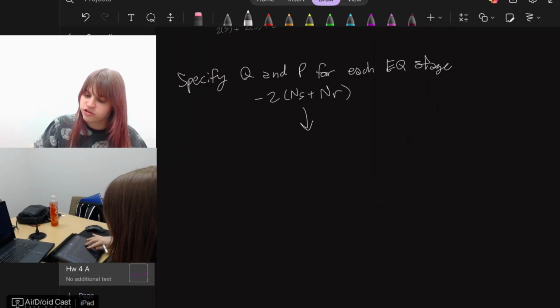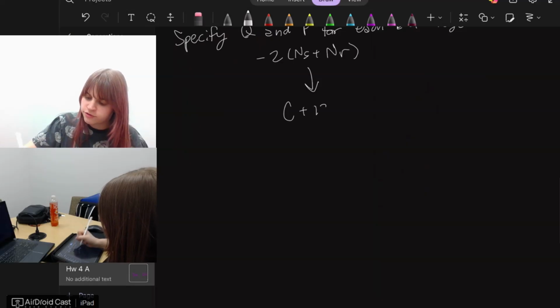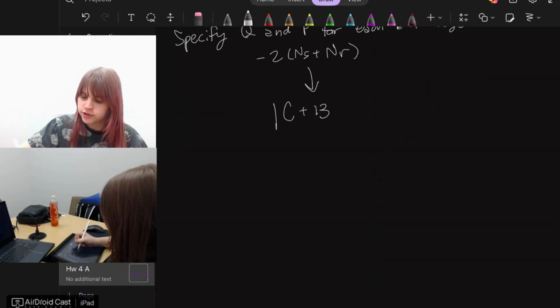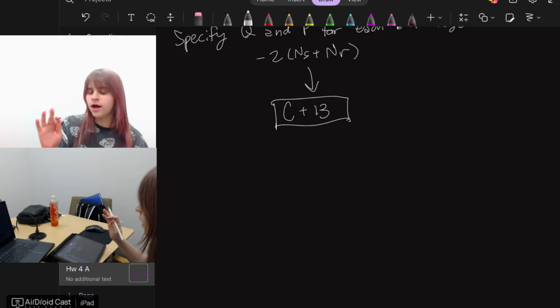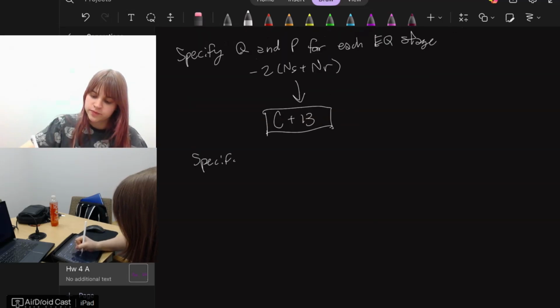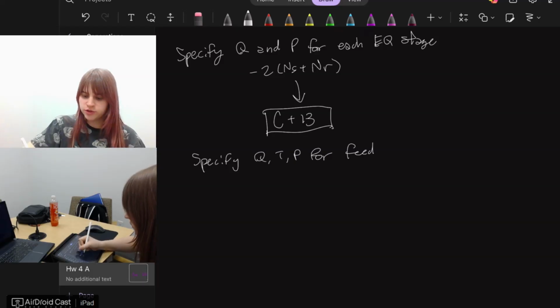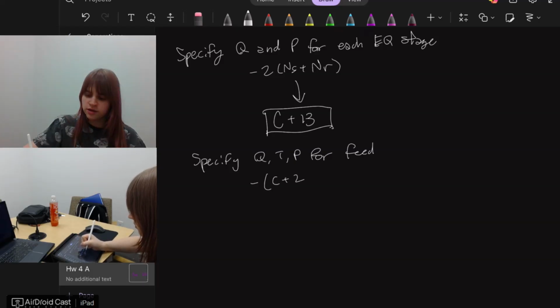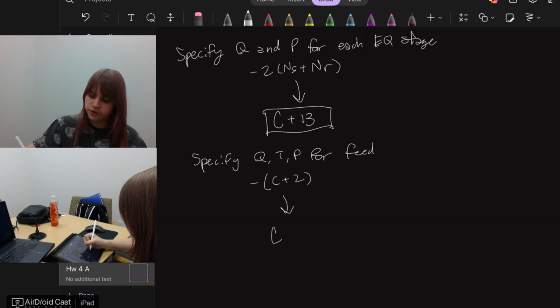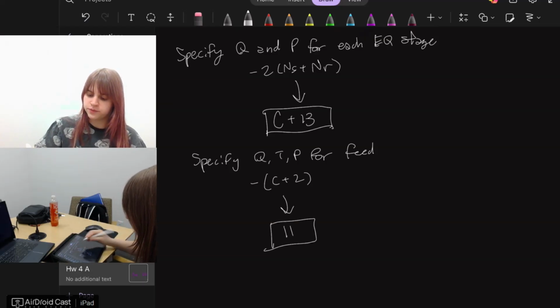So then we're actually left with C plus 13 degrees of freedom just after one specification. If you specify the Q, T, and P for the feed stage, what you end up doing is you subtract a C plus 2, so we're left with only 11 degrees of freedom.